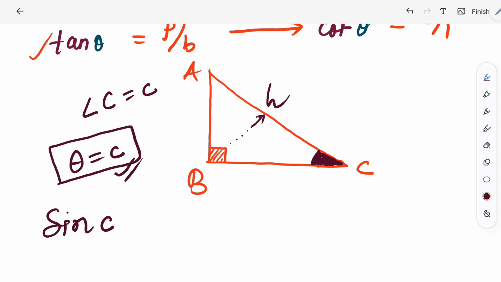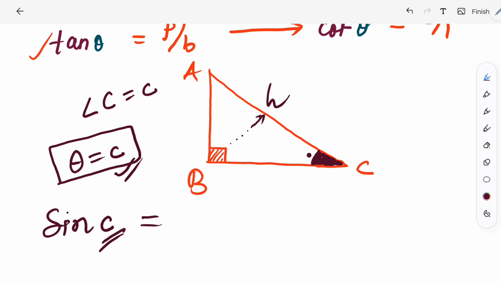Now students, the important concept here is just forget about the sin C, okay, because we need to discuss about the angle. Just see the triangle ABC where B is at right angle. Now we need to discuss about angle C. See, angle C. Now the important concept is very important, please.